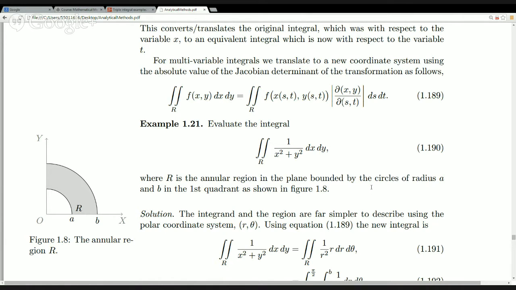If you want to do a triple integral over some region R, which is now a subset of 3 dimensions, if you want to integrate some function of x, y, z, dx, dy, dz, well, you can express this as a triple integral over the same region, but with respect to a new set of variables, say r, s, and t.